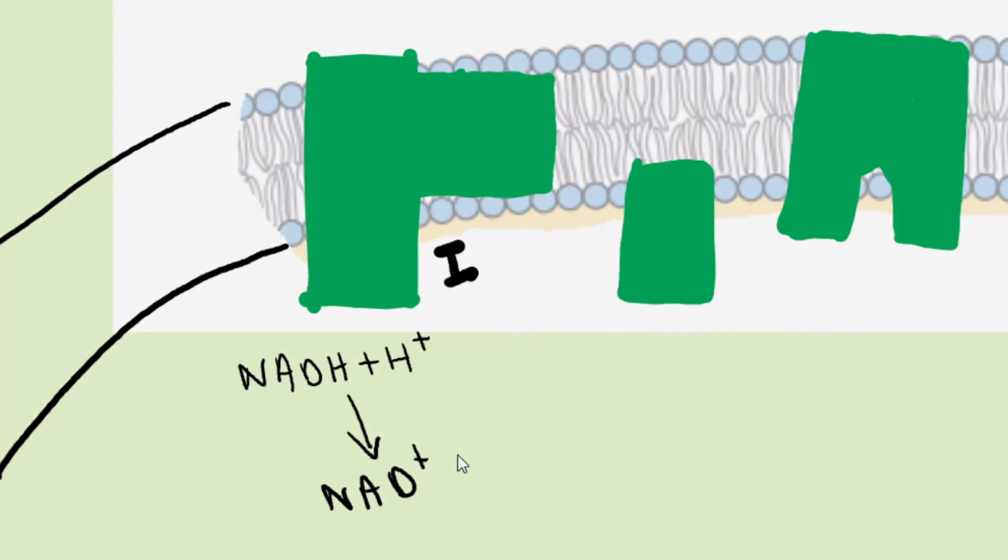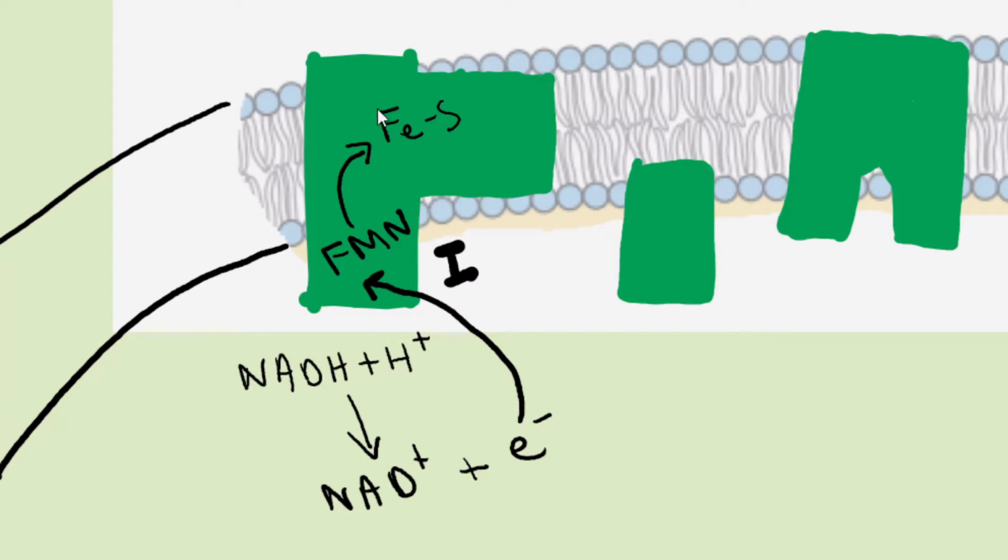will release electrons, which will then be passed on to one of the prosthetic groups within complex 1, which is a flavoprotein, and from there the electrons will be passed on to the 6 iron sulfur centers within complex number 1.